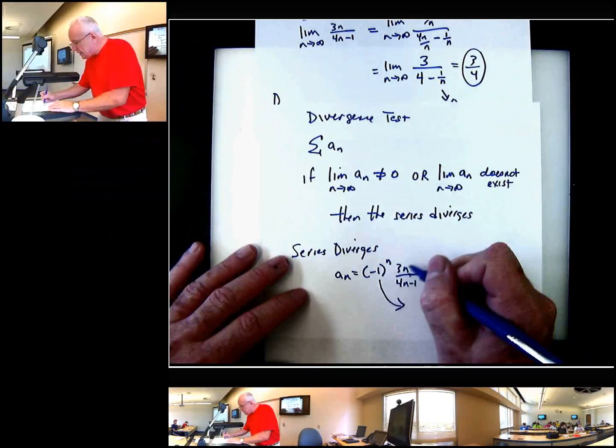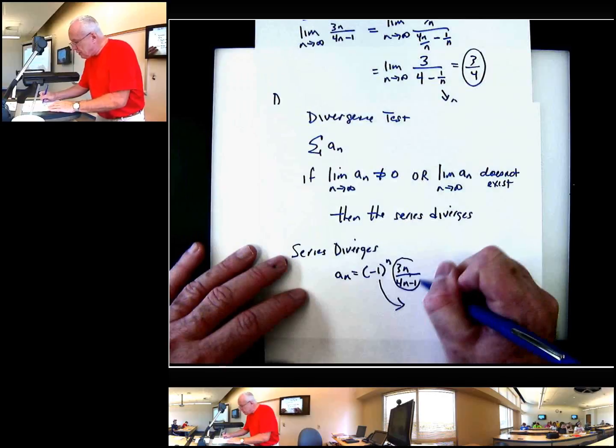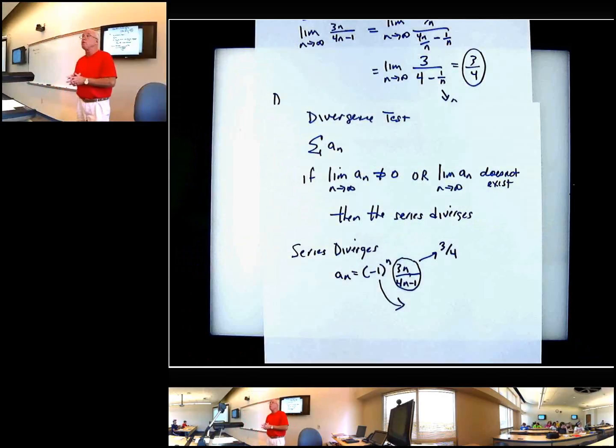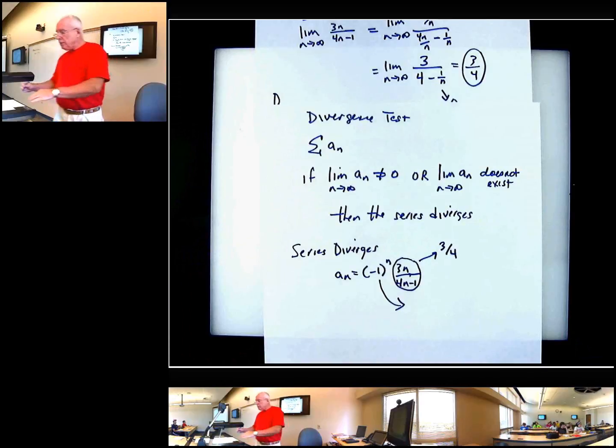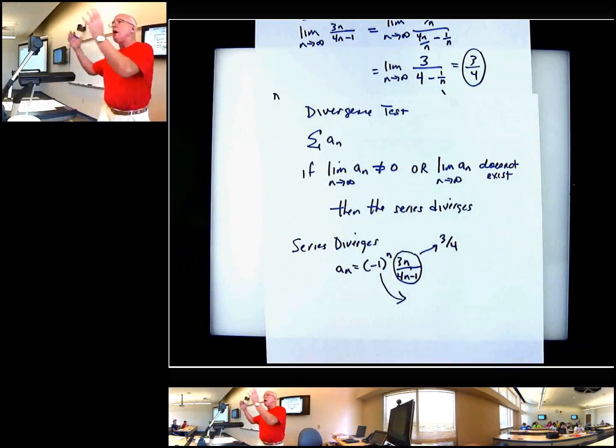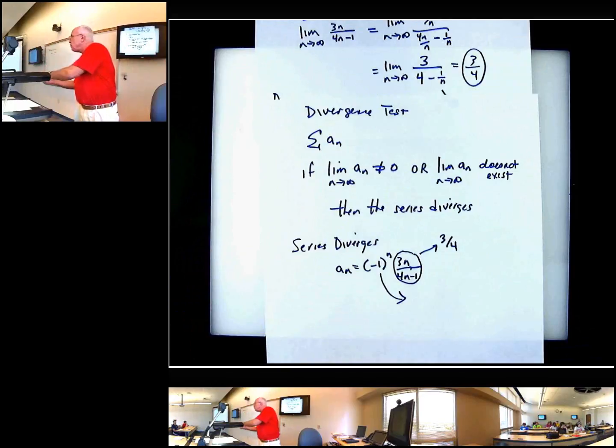We've already shown that this part of it goes to 3/4. So the limit flips between a number close to 3/4, then a number close to negative 3/4, then back again.